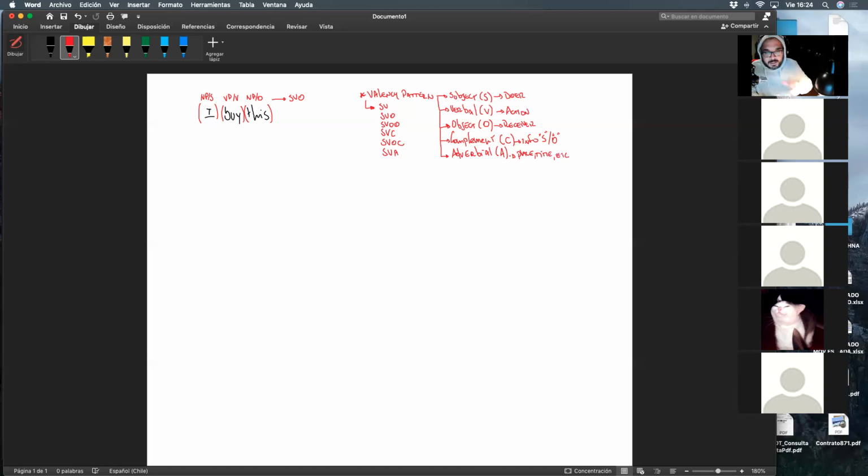Okay, let's go back to the sentence. I buy this. We have the action buy, we have the doer of the action, therefore the subject I, and then we have the receiver of the action, therefore another noun phrase, but in this case is an object, right? The passive voice then is a change within the verb phrase so as to provide a change in meaning.